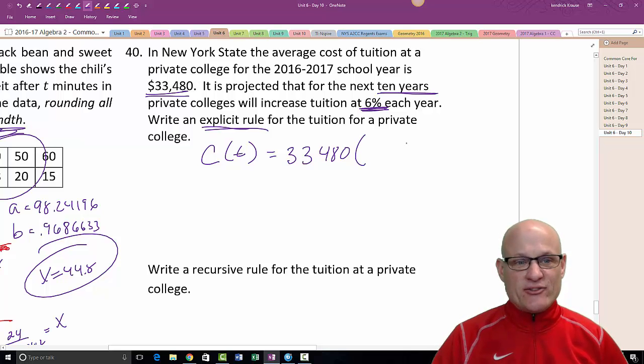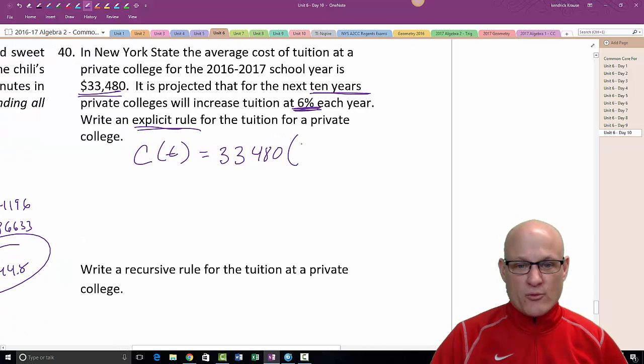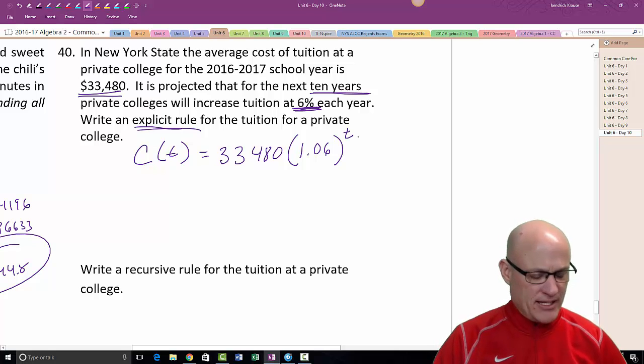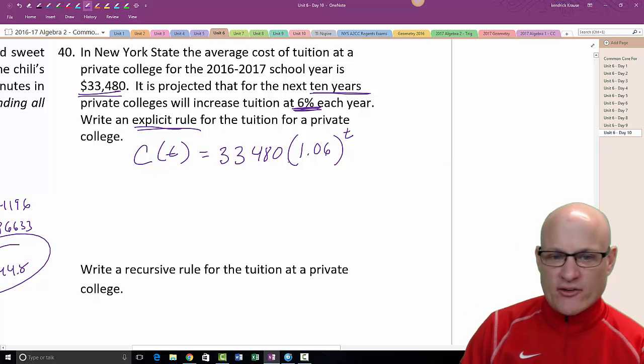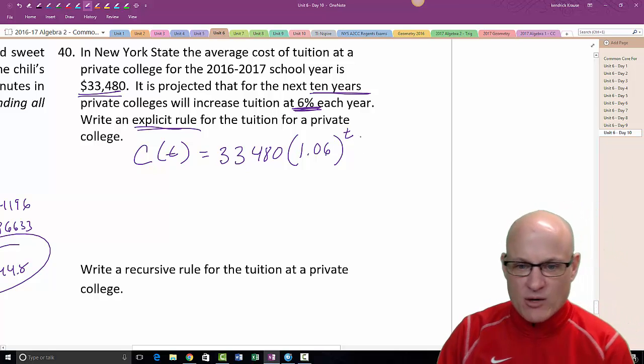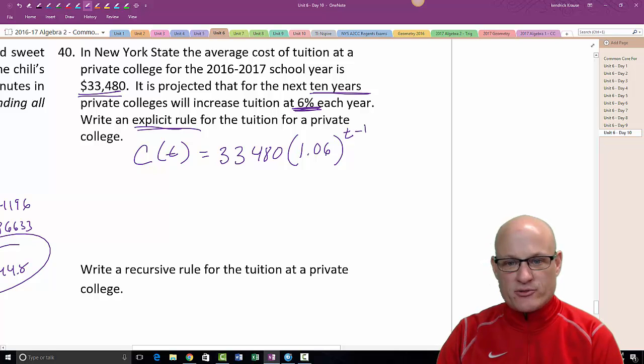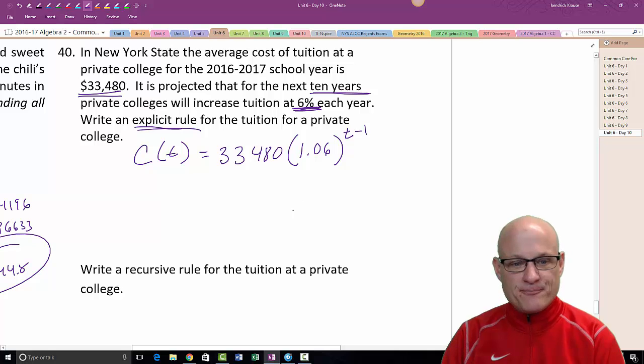It's going to increase, so this is exponential growth, 1.06. If I just put t here, would that be acceptable? Well, that means on the first year it would be this. But no, I don't want that. I want that first year to just be 33,480, so I'm going to do t minus 1.